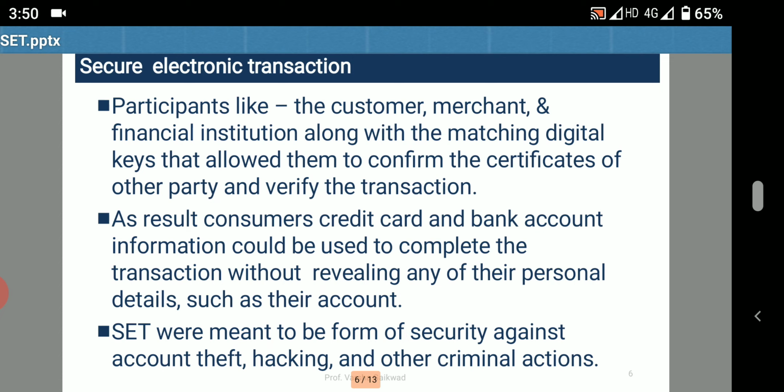And this is how SET provides security. SET was meant to be a form of security against account theft, hacking and other criminal actions. So because of these facilities like digital certificates and digital keys, it became very secure, so that hackers, thieves and other criminal actions cannot gain access to the confidential information.